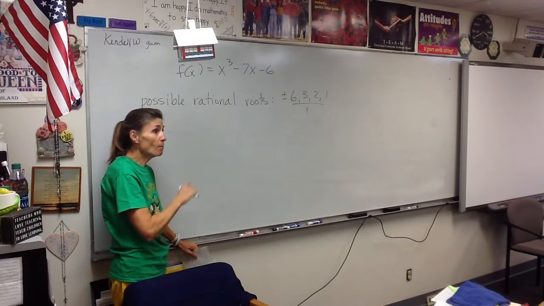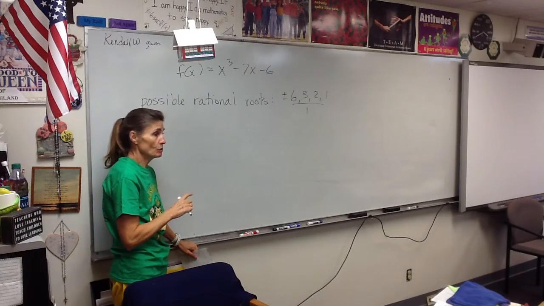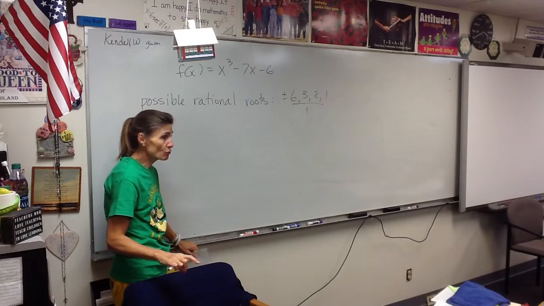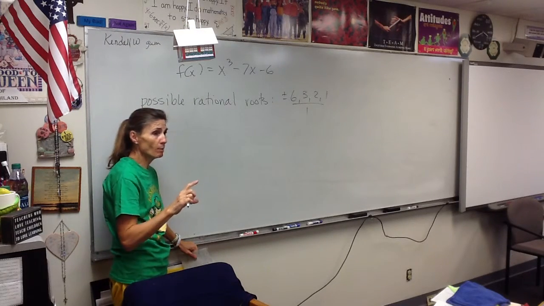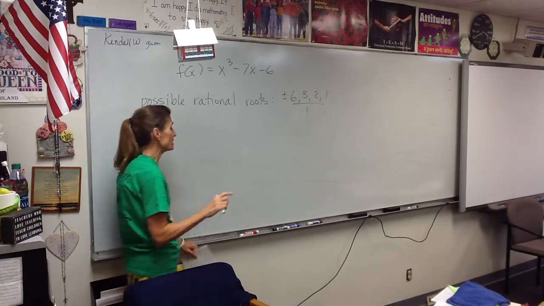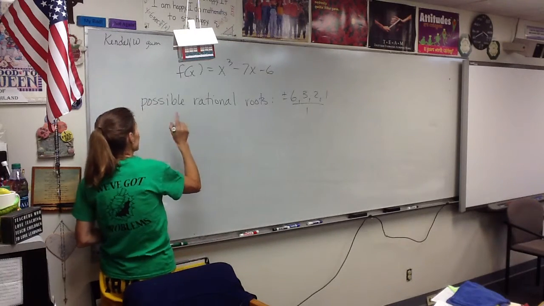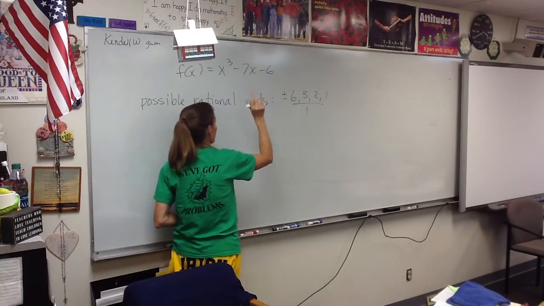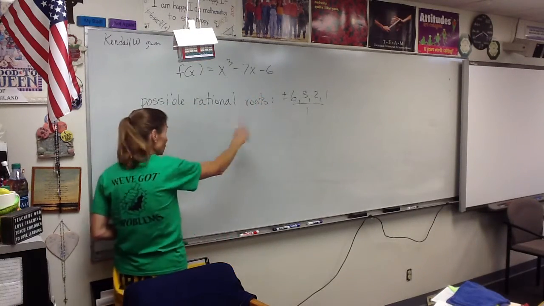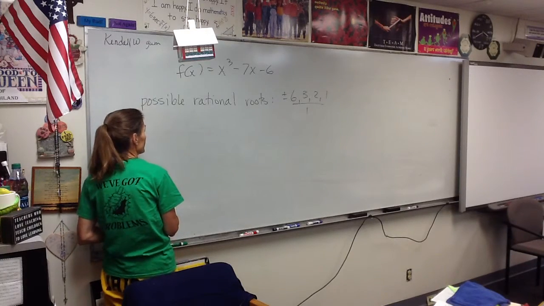Now I want to give you a couple of other tools to keep in your toolkit. Not saying you have to use them on every problem, but just have them if you need them. Let's suppose that you guessed the number 6. It's in your list. You guessed it.